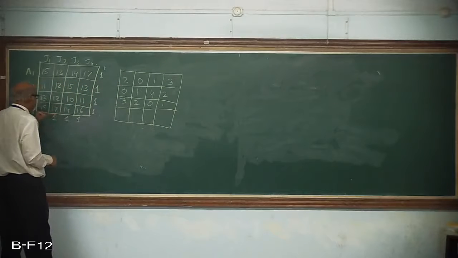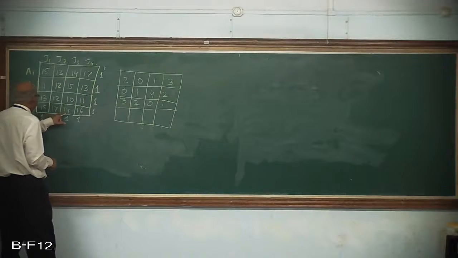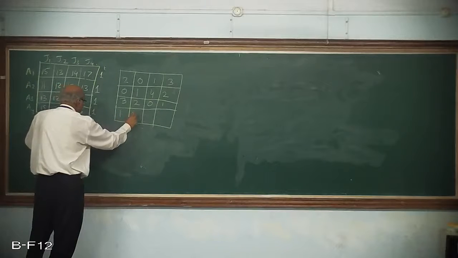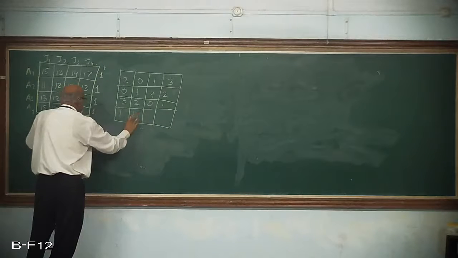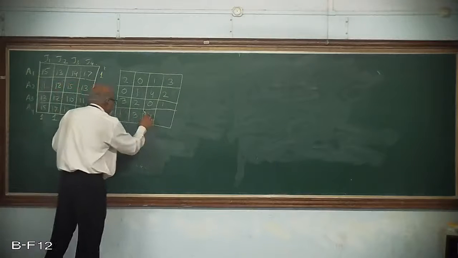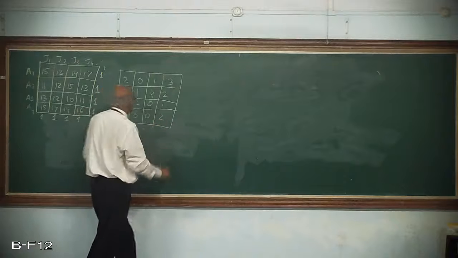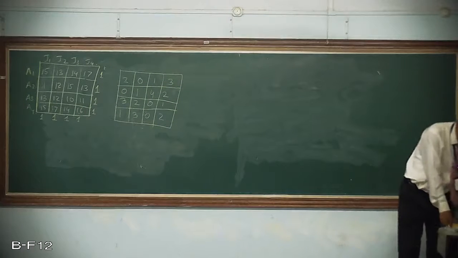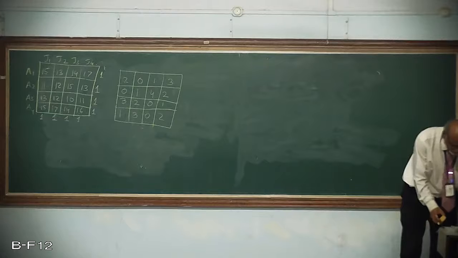In the fourth row, the minimum value is 14. That means 15 minus 14 is 1, 17 minus 14 is 3, 14 minus 14 is 0, and 16 minus 14 is 2. Okay, this is what I have got at the first instance.